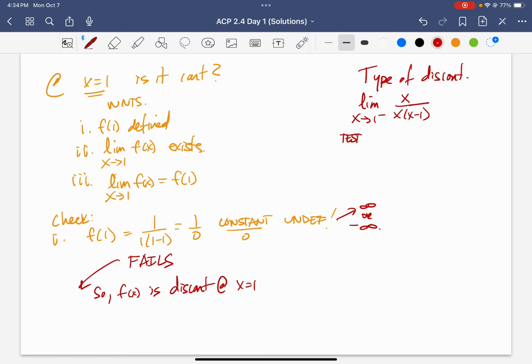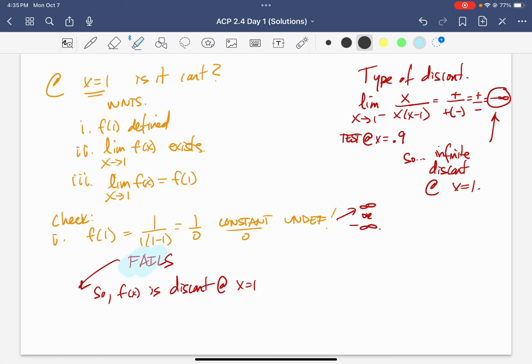I'm going to test at x is equal to 0.9. And as you come in from the left, you're going to get a positive over a positive times a negative, which is positive over negative, which is going to give you negative infinity. And so this is an infinite discontinuity. So infinite discontinuity at x is equal to 1.